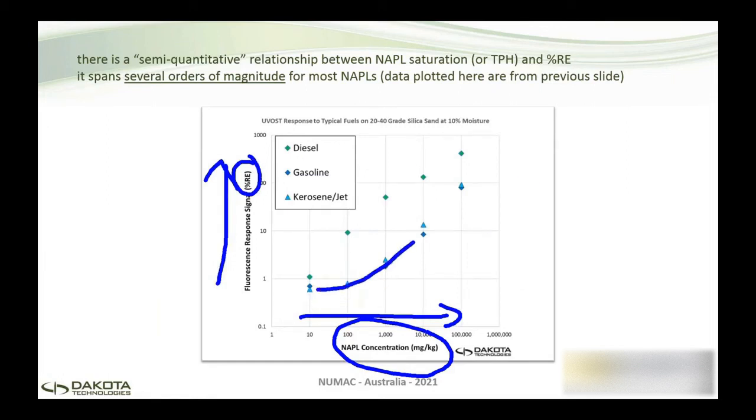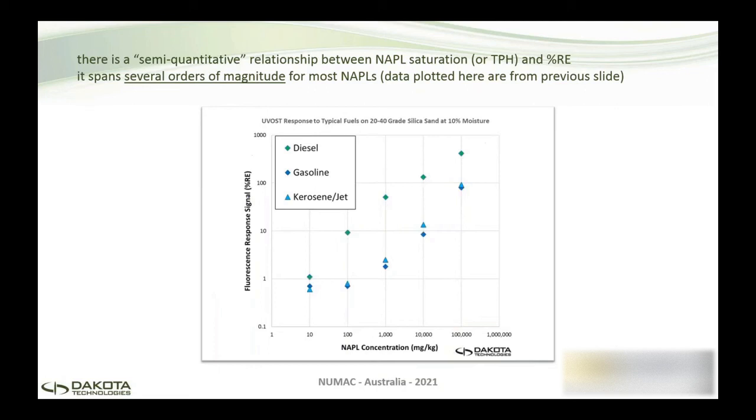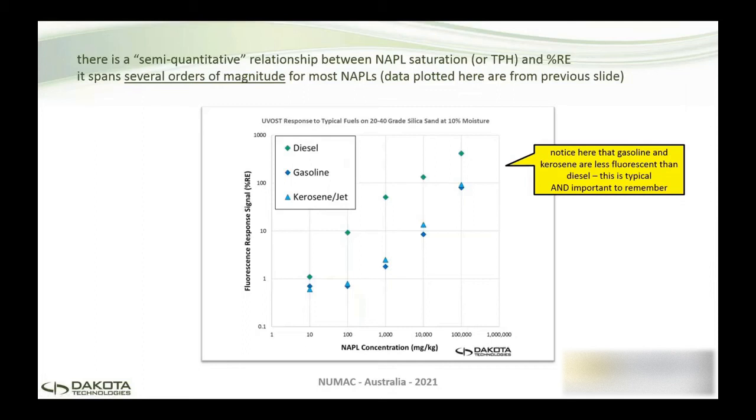The gasoline and the jet behave pretty well, and so does the diesel, but the diesel's always going to outperform the gasoline and the kerosene because they contain so little PAHs compared to diesel. So you have to temper your interpretation of what a certain level of percent RE means.